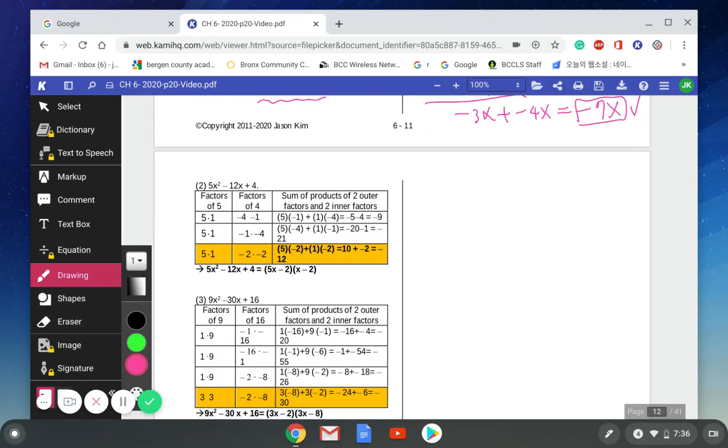Number 2 is 5x squared minus 12x plus 4. So it's a 5x and x. When I try factors of 4 with a negative in the first operator, it is -1 with a -4, -4 with a -1, -2 with a -2.